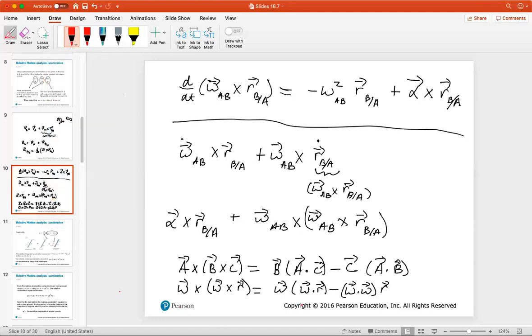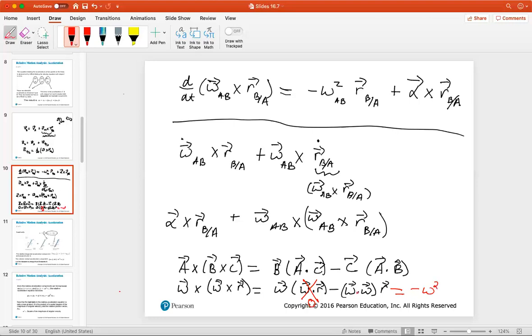Because r lives in the plane and omega lives in the z direction, this part is 0, and this part survives, and this just equals minus omega squared.